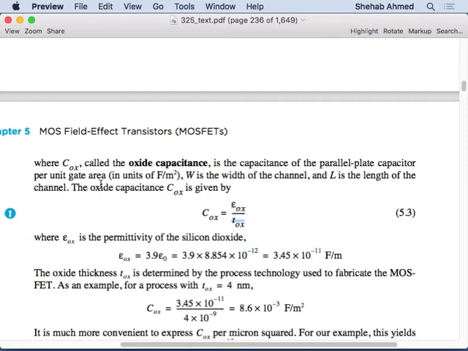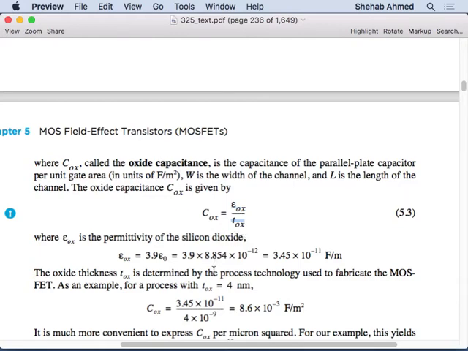If you want to create a big capacitor, what do you want TOX to be, small or big? Small. We want big capacitance, because then a lot of charge can be stored in there, and you can do that by creating a very small thickness for that capacitor.